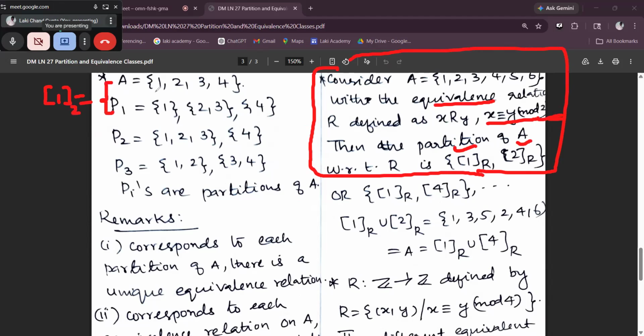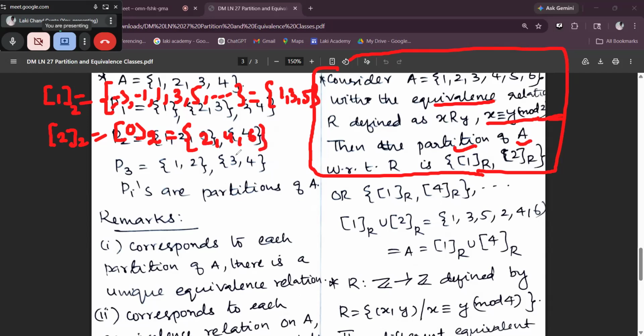All the elements which give remainder 1, and class 2 is similar to remainder 0. So you will get 1, 3, 5, and remainder 0 means 2, 4, 6. That's it.